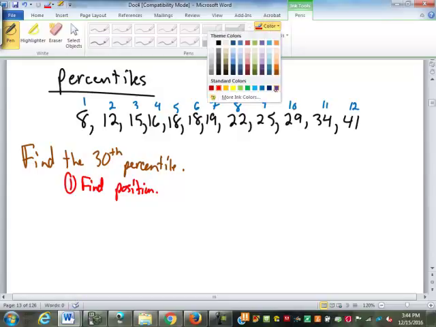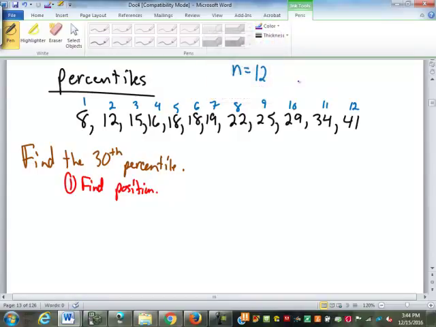To do that, we take our percentile, 30th percentile. 30% is 0.3 as a decimal. And we're going to multiply n, which is 12. 0.3 times 12 is 3.6.